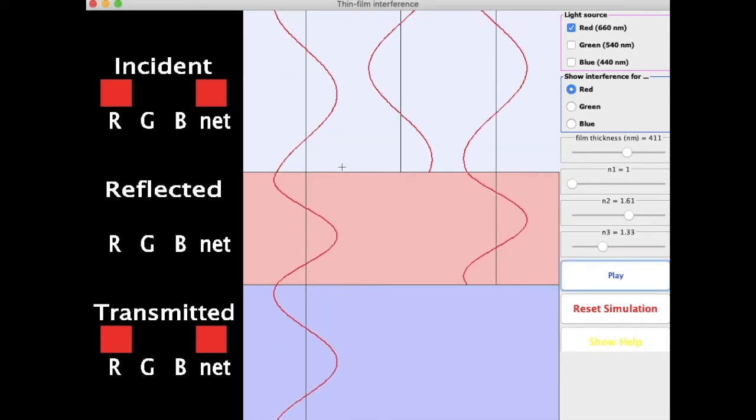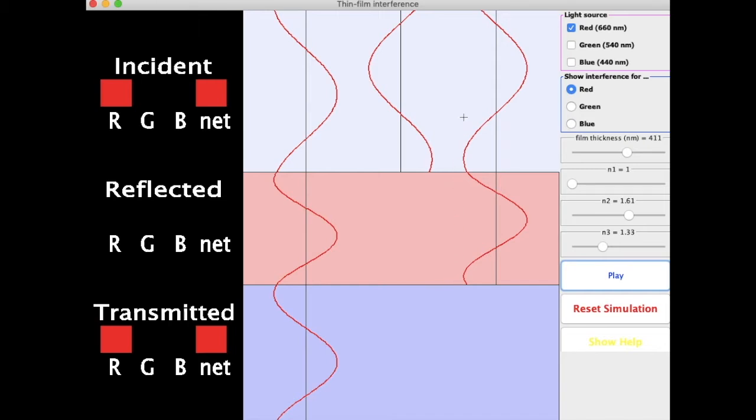Now, the path difference is the first thing we need to understand. The extra path traveled by the second ray compared to the first one is how far it goes in and out by the time it reaches our eyes. So the extra path traveled by the second one is twice the thickness of this film.